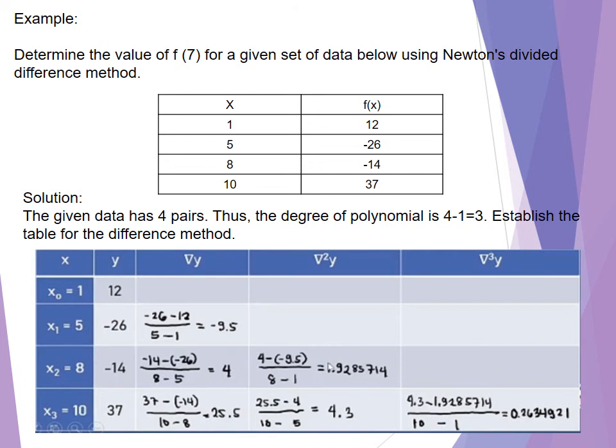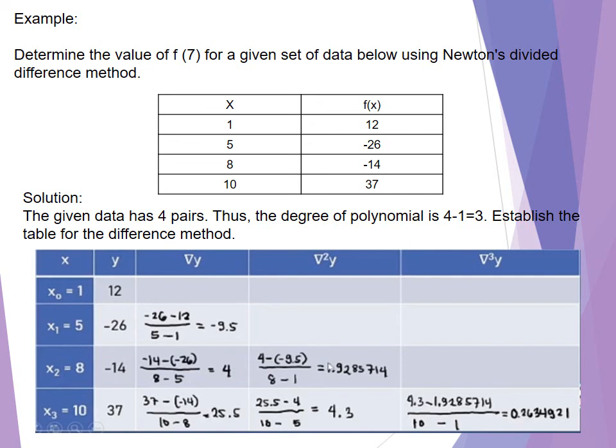So 4 minus negative 9.5 all over the x. Since it is second degree, you skip 2. You start at 8, skip 2, so you go to 5 and then 1. So you use 8 minus 1.